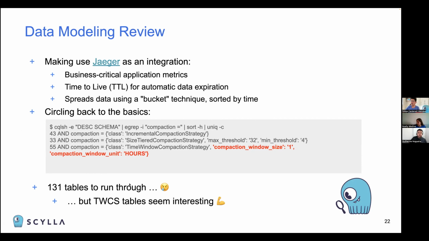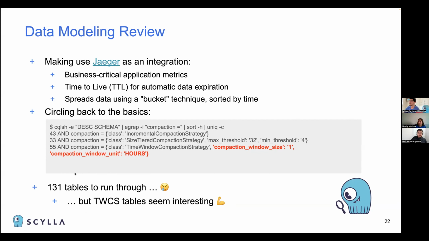So we took some time to review them, but there was something in specific that caught our attention, because since this was a time to live, TTL case, we understand that a good compaction strategy for this is a time window.